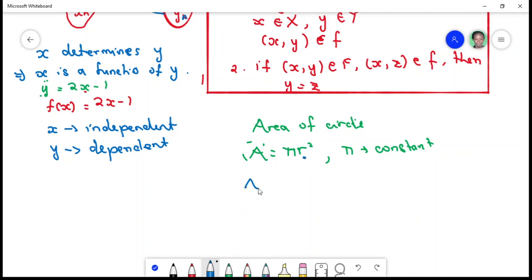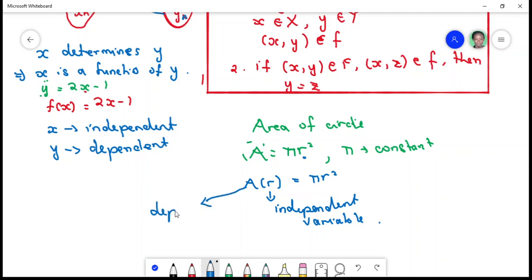So I can say that my area is a function of r, which is pi r squared. So my r becomes the independent variable, and A is the dependent variable.